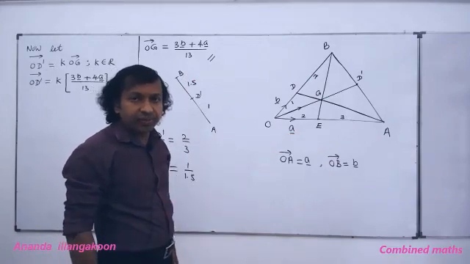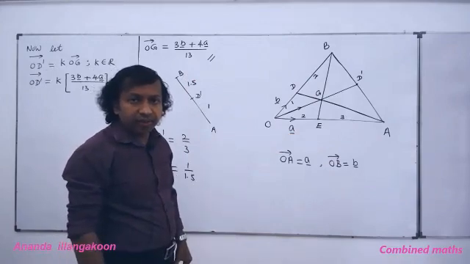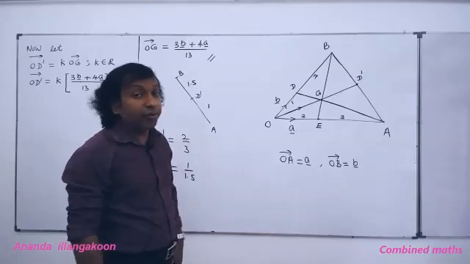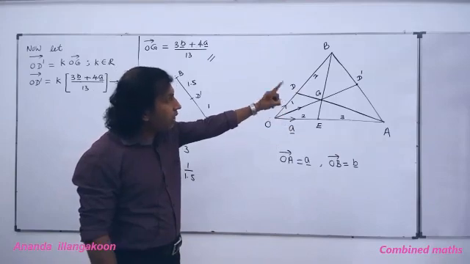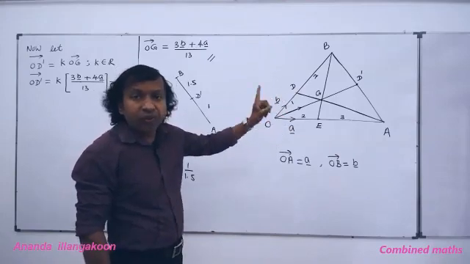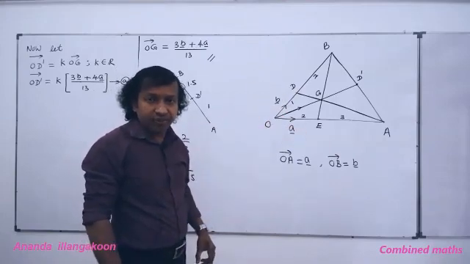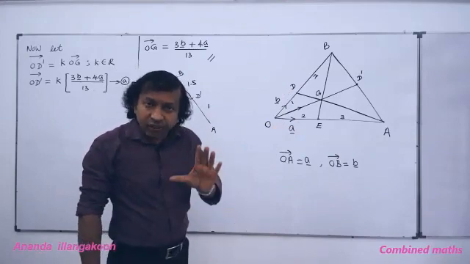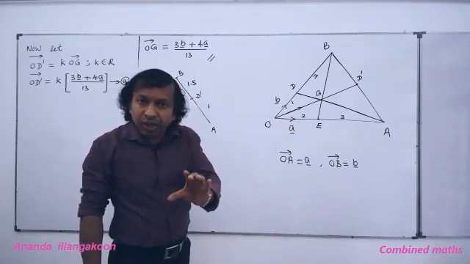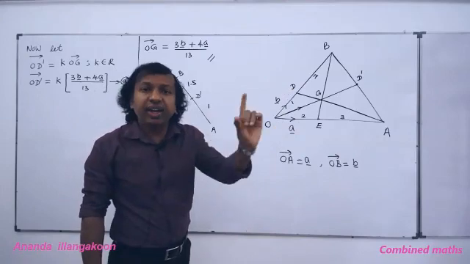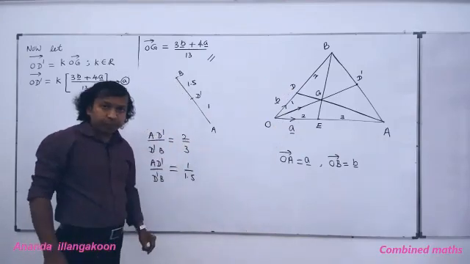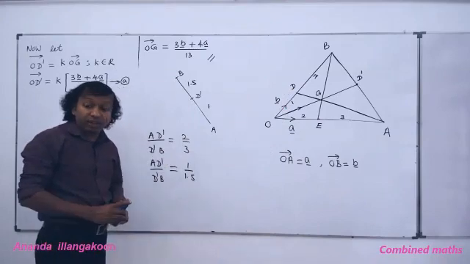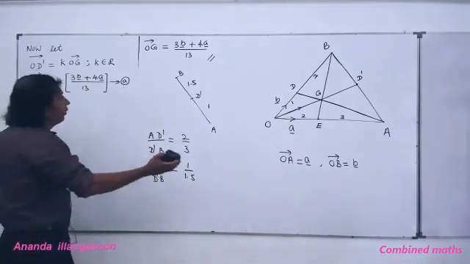So I am going to assume the ratio AD dash is to D dash B as 1 is to K dash. Any ratio you can write, people, involving 1 and another number, dividing this way.